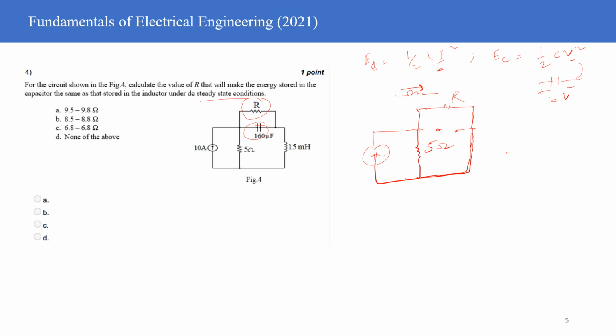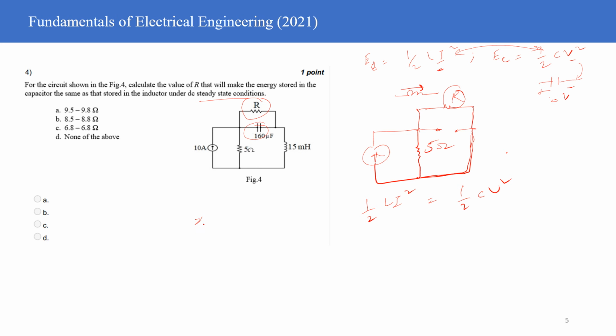So now what you need to figure out is the value of R which will make these two expressions the same. According to the question, 1 by 2 Li square must be equal to 1 by 2 CV square, as per the equation.